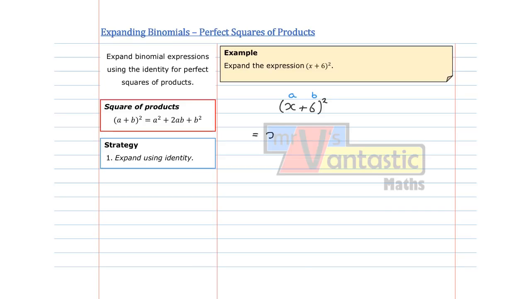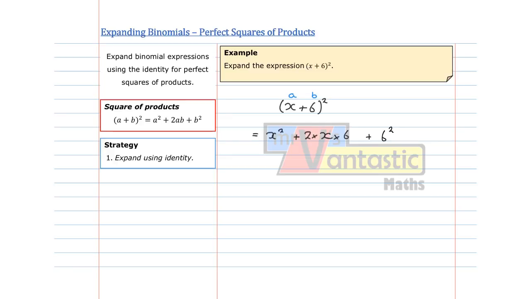So we're going to have x squared plus, our rule says, 2 times a, which is x, times b, which is 6. And then lastly, we have plus b squared. B is 6, so this is going to be 6 squared.